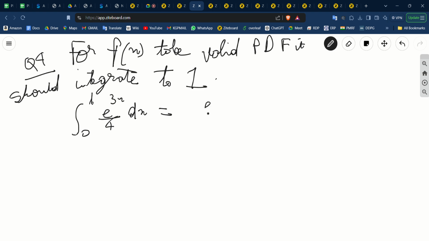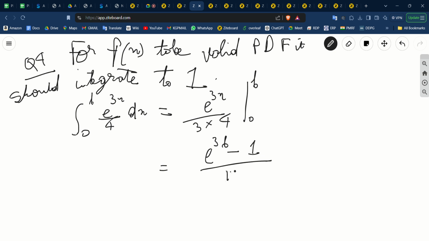The integration of e to the power ax is e to the power ax by a, so we get e to the power 3x by 3 into 4, limited between 0 and b. So it's e to the power 3b minus e to the power 0, which is 1, by 12.